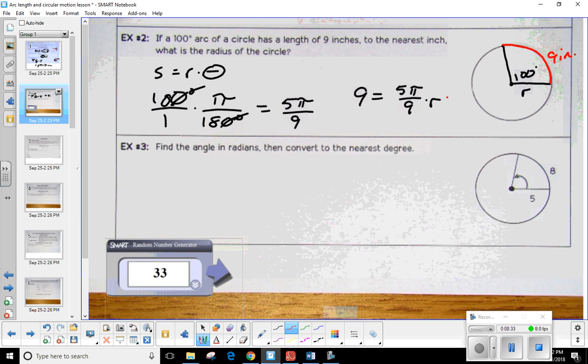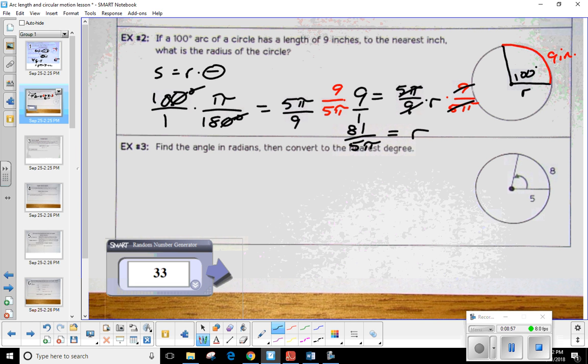So I can multiply this by 9 over 5 pi, because we can put this over 1. So the 9's will cancel, the 5 pi's cancel. There's the R that I'm looking for. So now just multiply straight across, I'm going to get 81 over 5 pi.